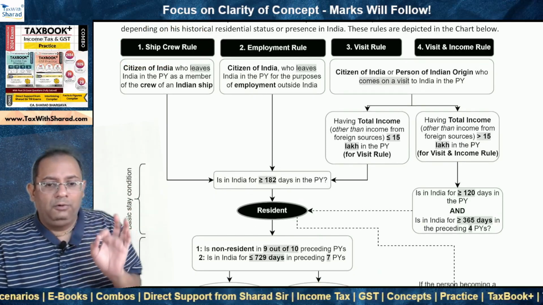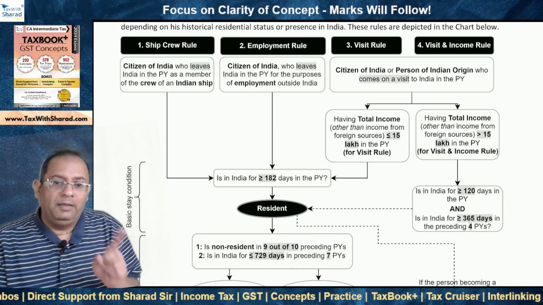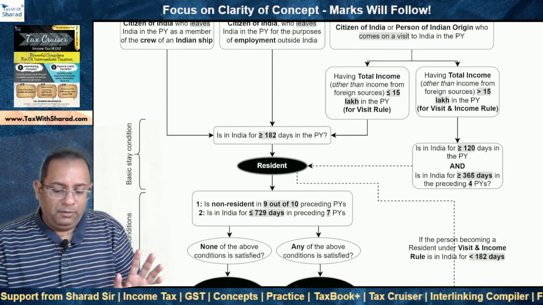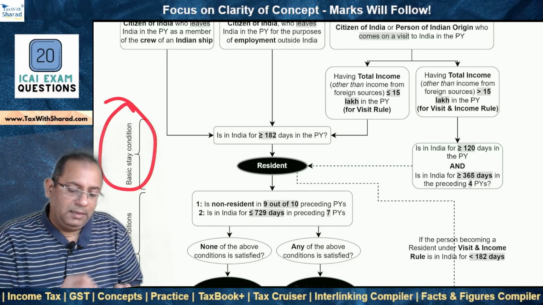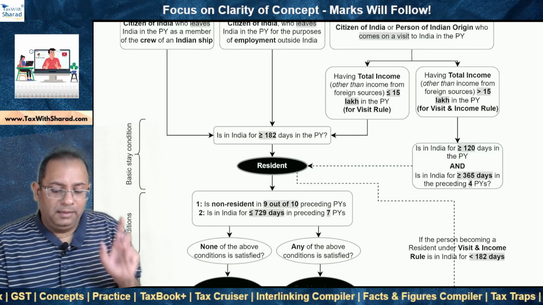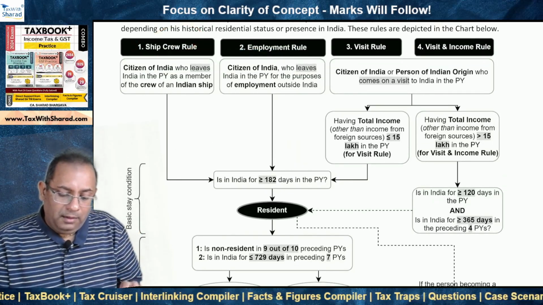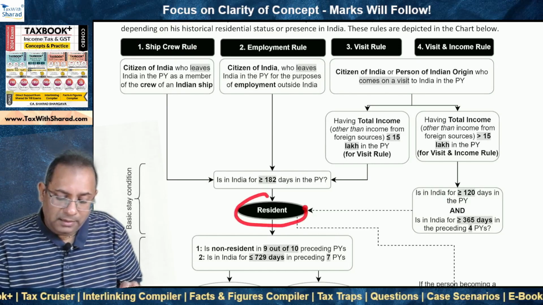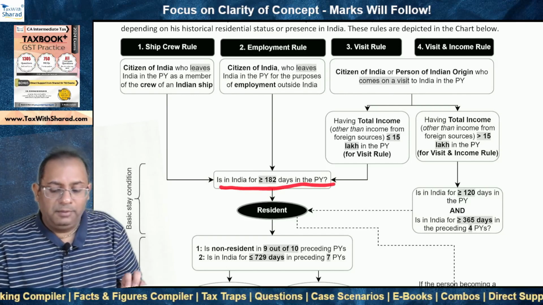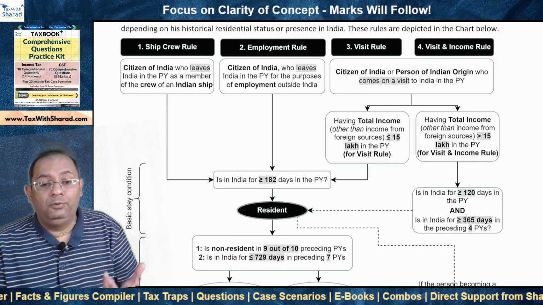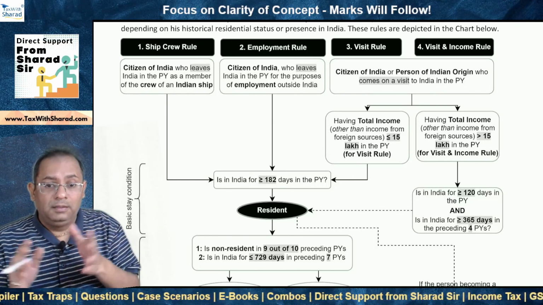And now you need to figure out, firstly, whether the individual falling under this rule will be a resident. For figuring that out, what is applicable is the basic stay condition. And what is the basic stay condition as far as this rule is concerned? The individual will become a resident if he is in India for 182 days or more in the previous year. Why 182 days? 182 days is basically half of the year, 6 months.